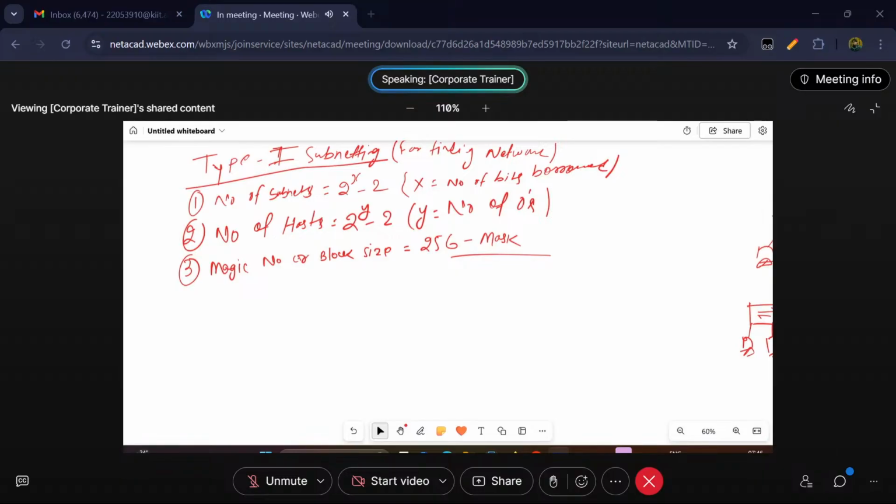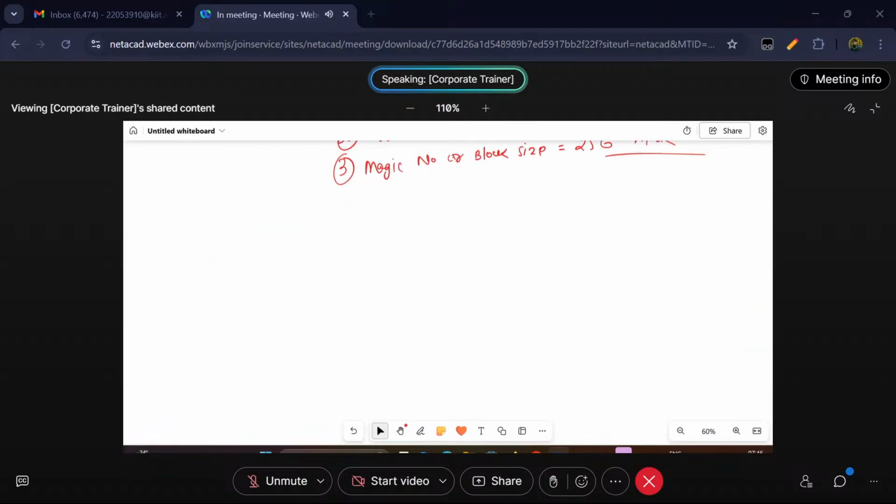First of all, you can choose any network, for example if you want to use a class C IP address, you can choose that. The first thing is to find the network ID of that class. Suppose this is my question: there is an IP like 200.10.20.20.